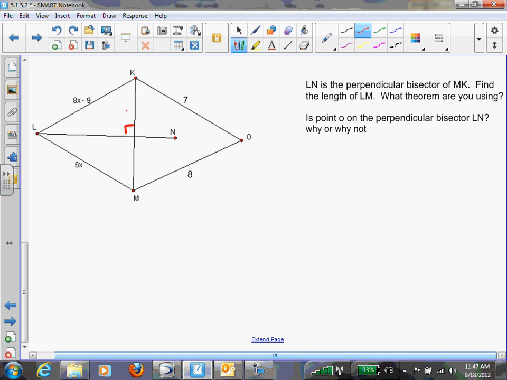That means there's a right angle here, and I can cut the lengths into 2 equal parts. Find LM. Find the length of LM. What am I going to do? I'm telling you, LN is a perpendicular bisector. What am I going to do, Hannah?